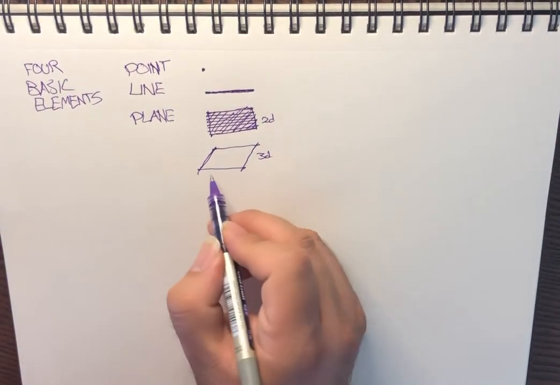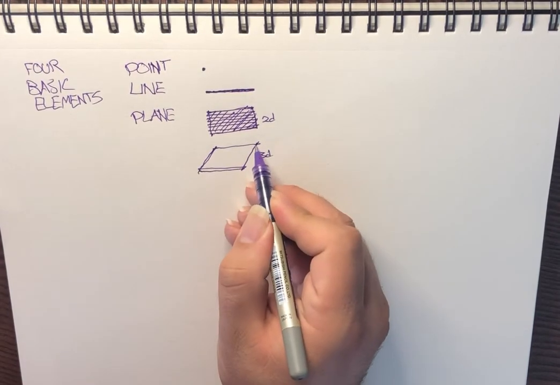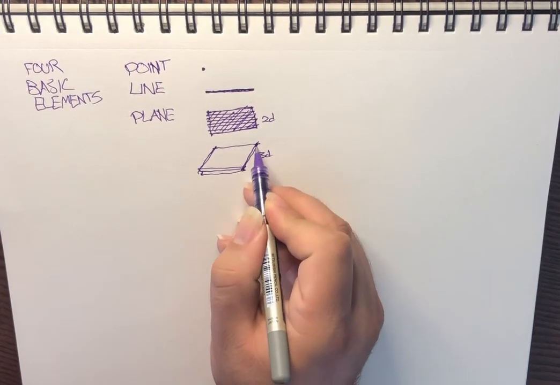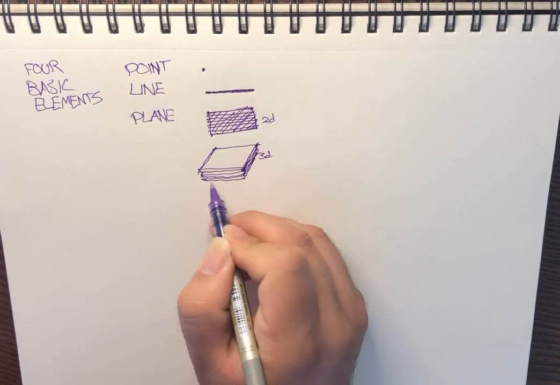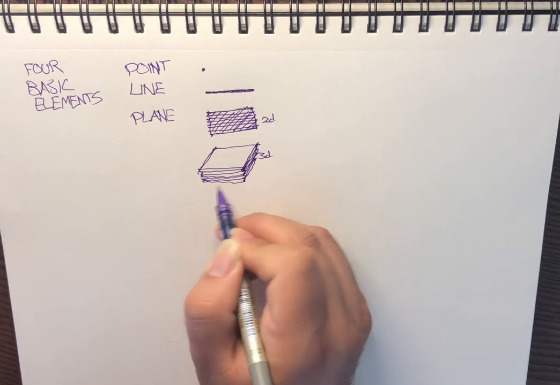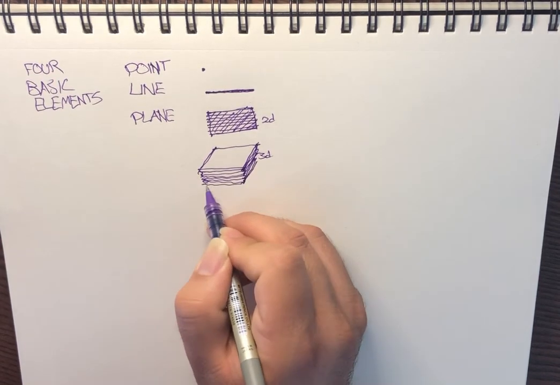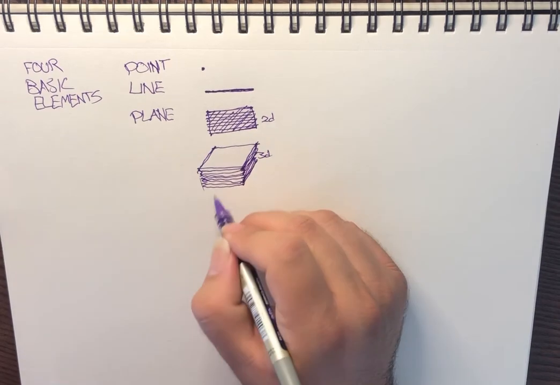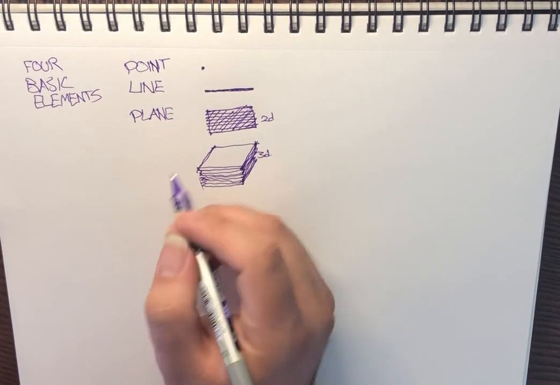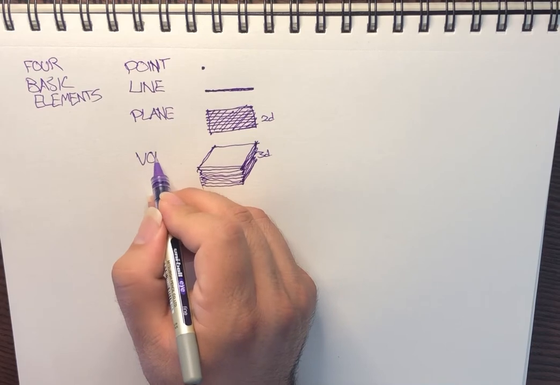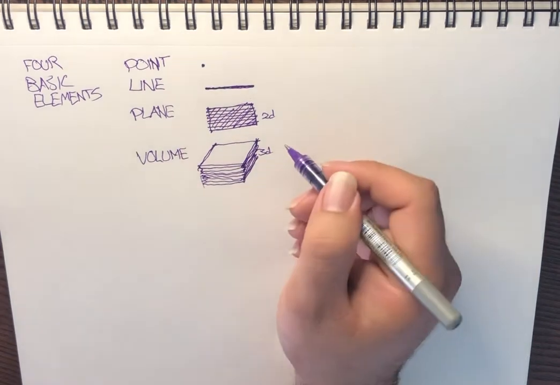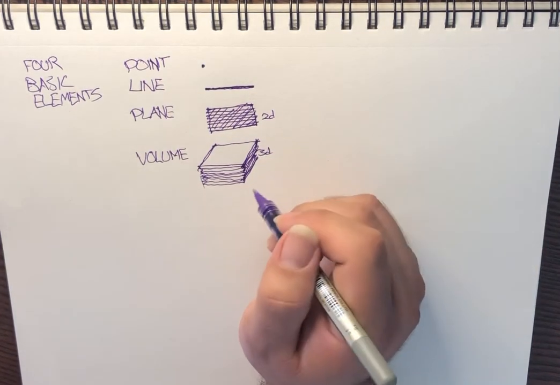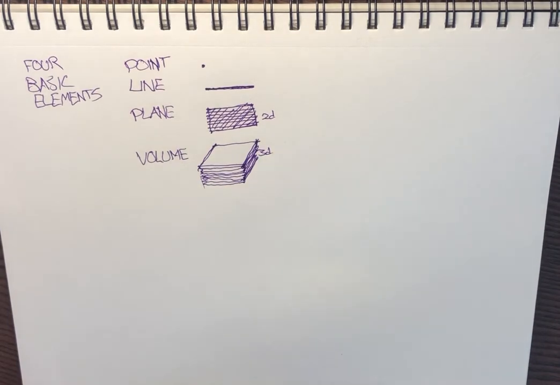So if I repeat this plane, I will have a volume. So volume is the fourth element that we have.